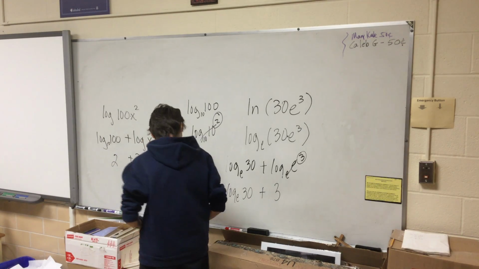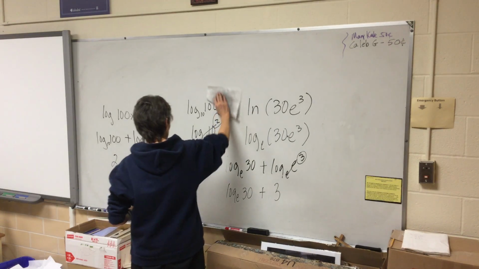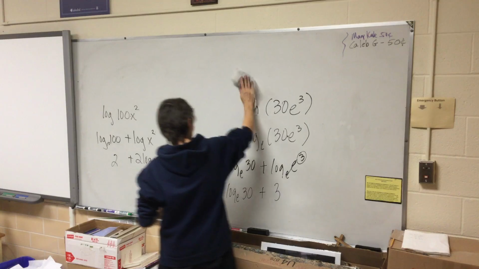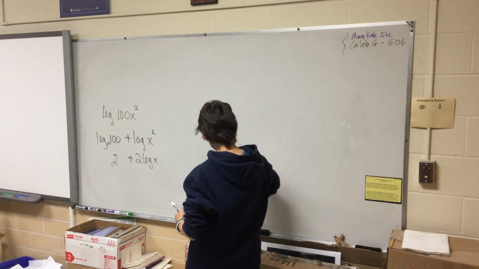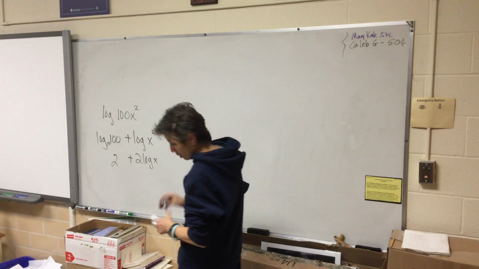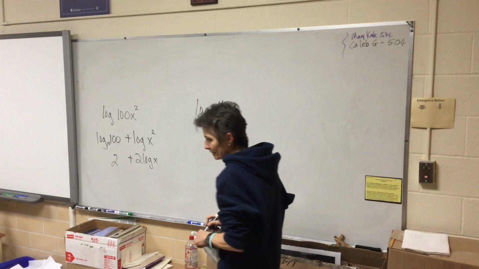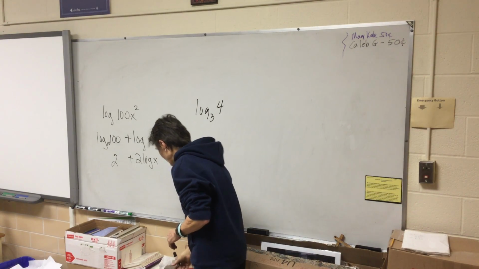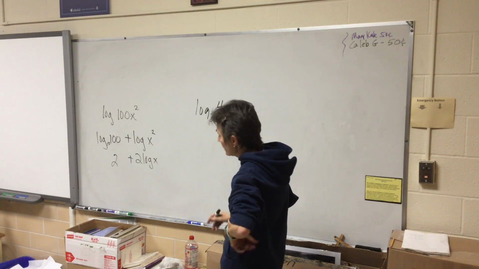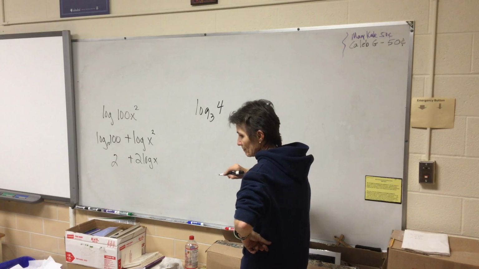Now, some of you might be thinking, well, why don't I just type it in my calculator? Can anybody explain why I don't just type in log 4 for this problem? Okay, well, on your calculator, you have a button that says LOG.